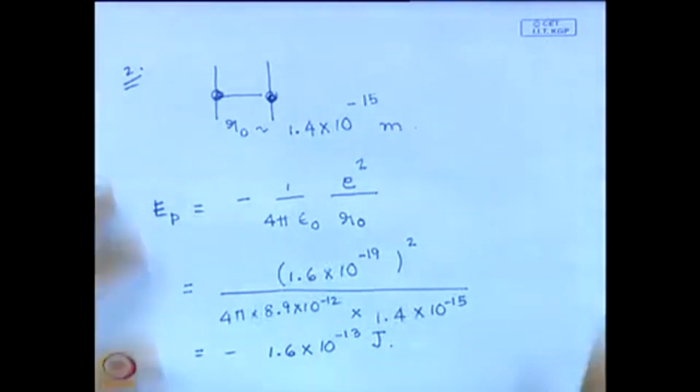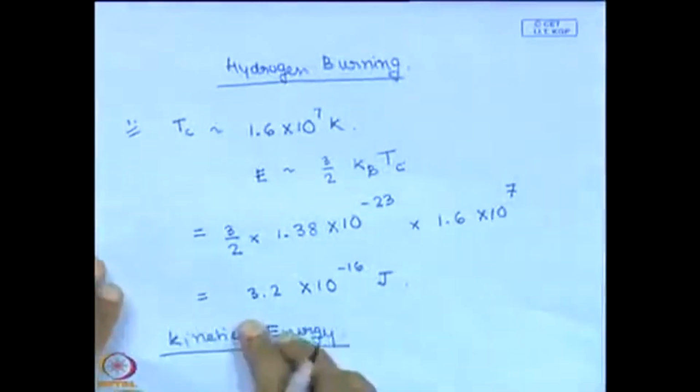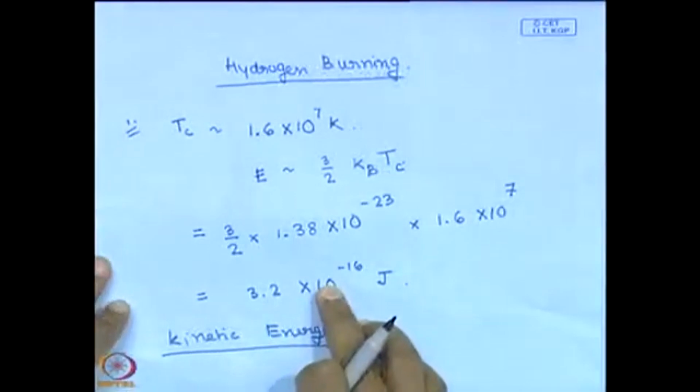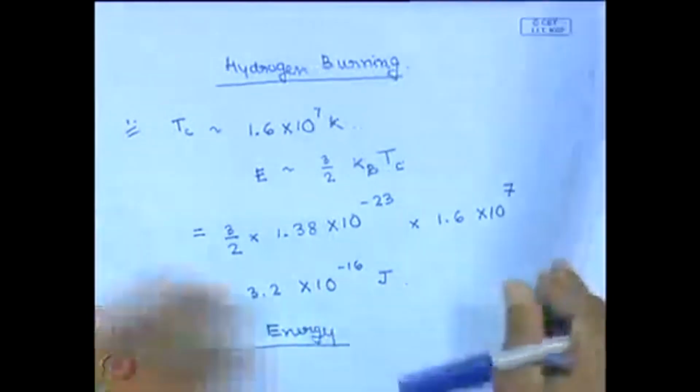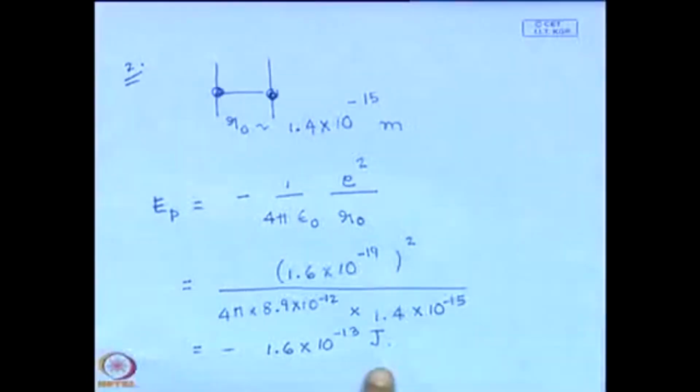So, this simple estimate can compare: the typical kinetic energy is 10 to the power minus 16, whereas the potential energy is 10 to the power minus 13. So, the kinetic energy is roughly 1000 times less. And this is the problem which I had mentioned earlier.